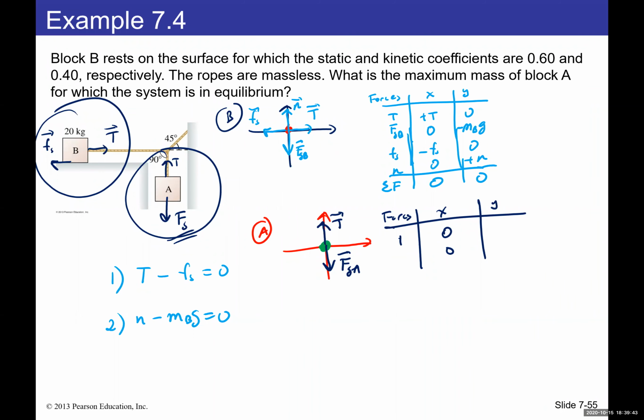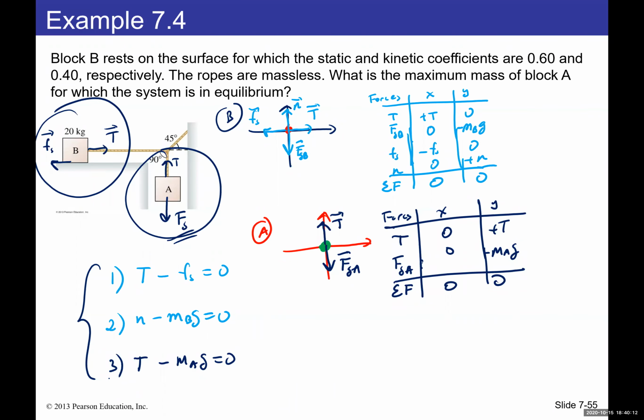Remember the system is still in equilibrium, so I take T up as positive and gravity, MAG, down as negative. So I get my third equation, where tension minus MAG equals 0. All right, so I get 3 equations.